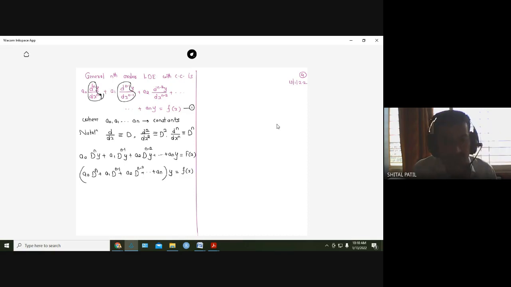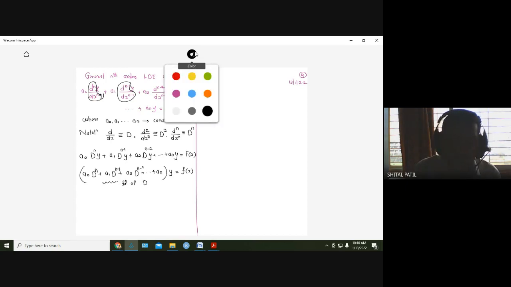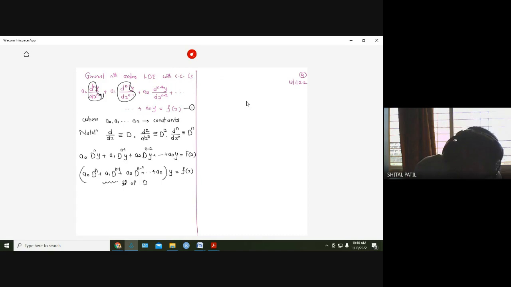You might have observed that this whole bracket is a function of D, with different powers of D, D square, D cube, up to D raised to n. So I'm writing it as phi of D, some function of D: phi of D y equal to f of x. This is the nth order linear differential equation.